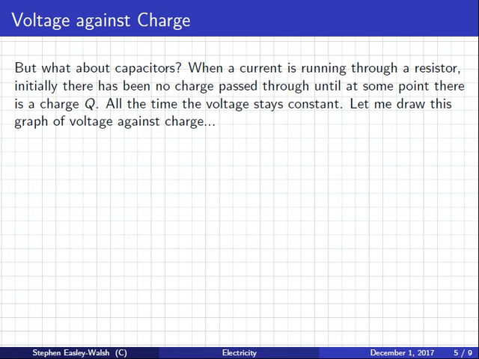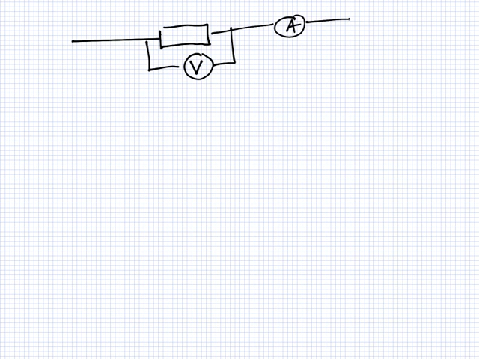Let me graph voltage against charge. Okay, so you'll need this. Here's our resistor. And let's imagine we measure the voltage. And let's say we measure the current. And the current here, we'll keep it easy, we'll say it's 1 amp. Which means 1 coulomb per second.